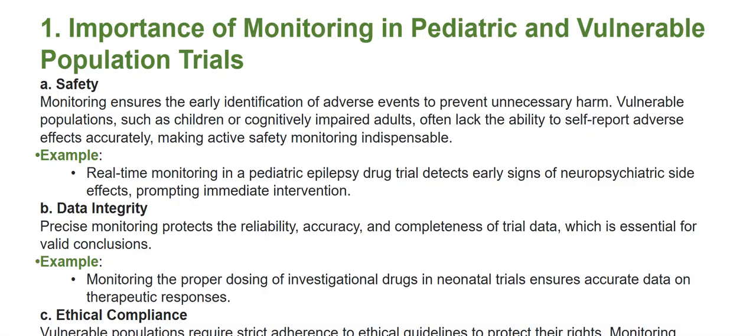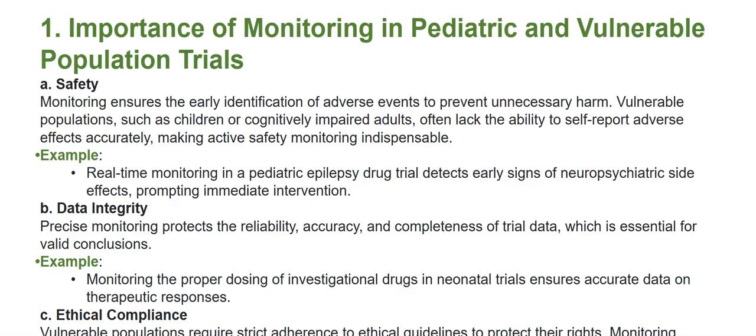Ethical compliance. Vulnerable populations require strict adherence to ethical guidelines to protect their rights. Monitoring ensures that ethical and legal obligations, such as informed consent and participant protections, are upheld. Example: trial staff use videos to provide age-appropriate information to children during the assent process.